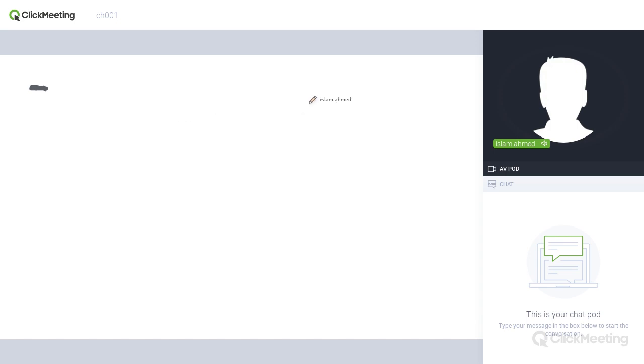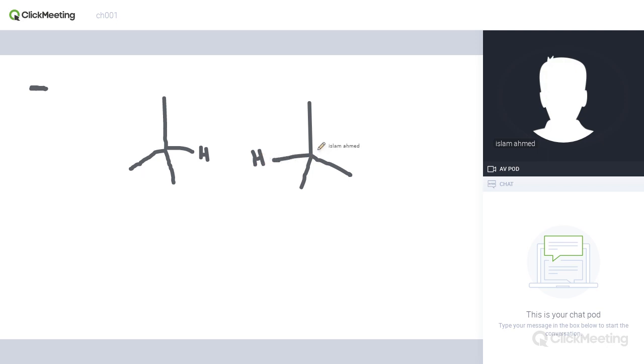Let me check. I will draw it for you so it will be easier for us. So this is the first thing, which is a tetrahedral center.